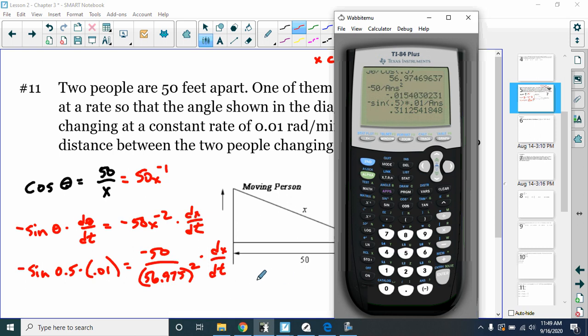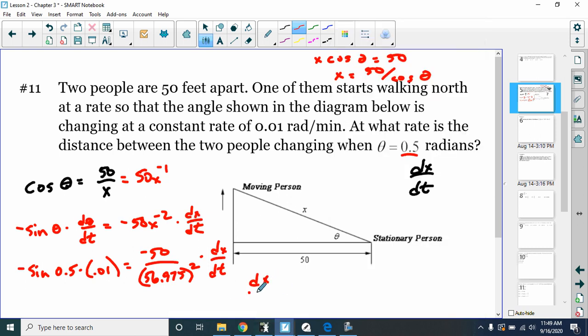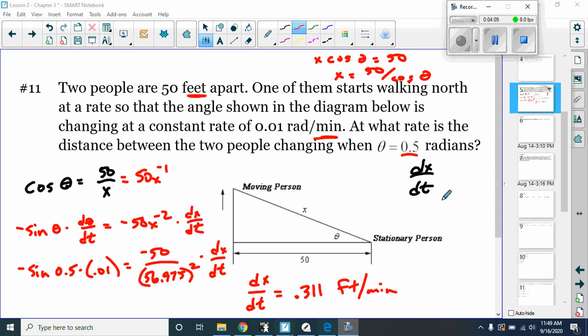So it looks like dx/dt is 0.311. Units are feet and minutes. Which is not very fast. The person's walking very slowly.